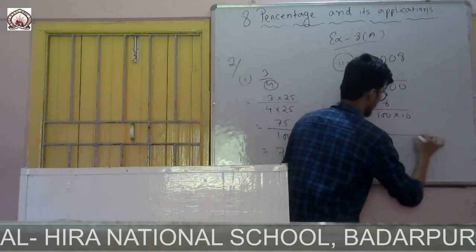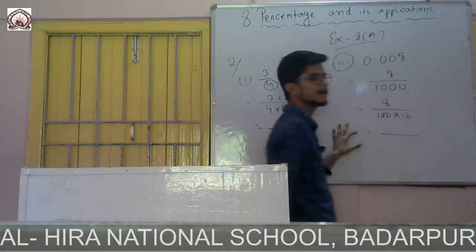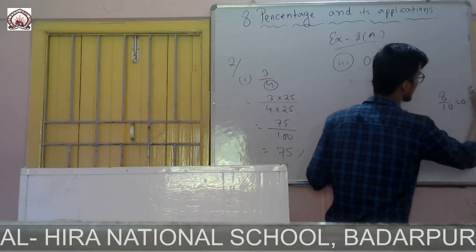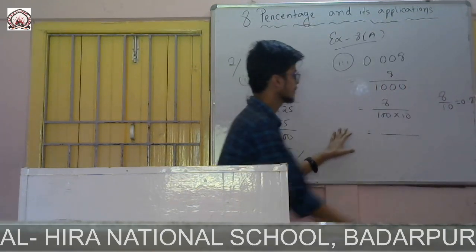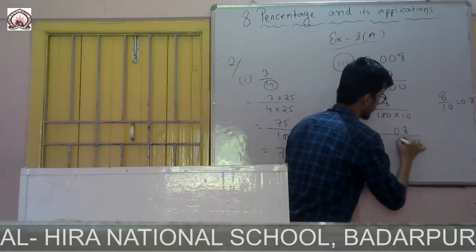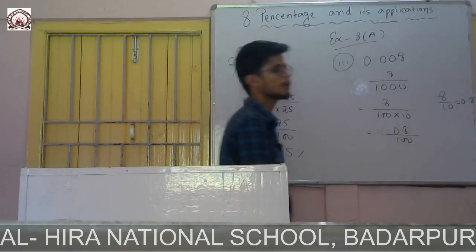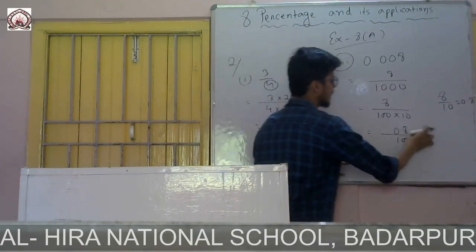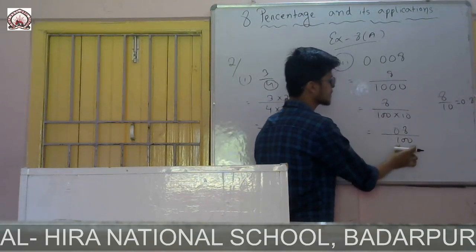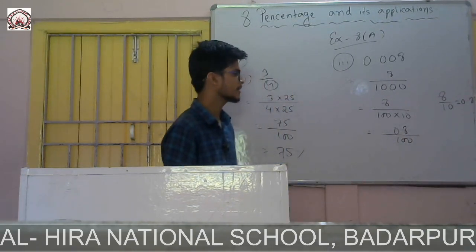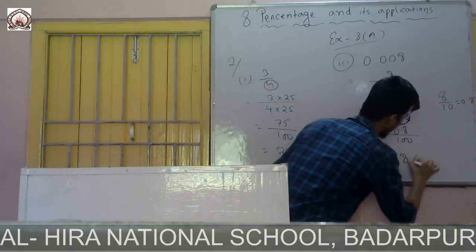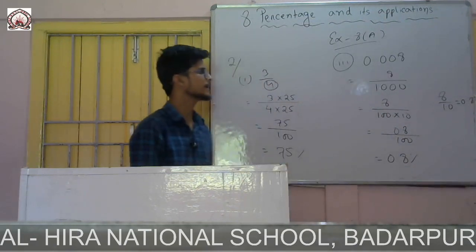Now you see 8 by 10. 8 by 10 means 0.8. So I wrote 0.8 divided by 100. Now I can write it as a percentage. The number is divided by 100, and if any number is divided by 100, we can simply get 0.8%.